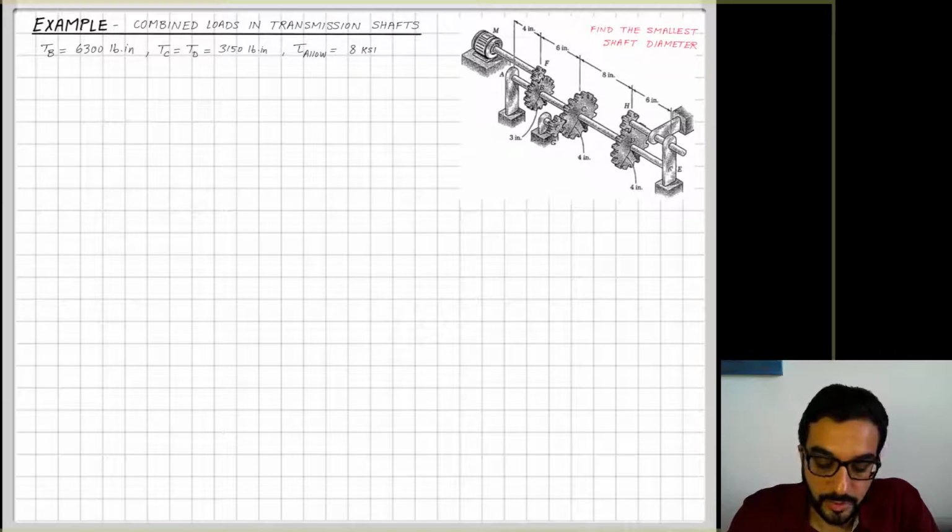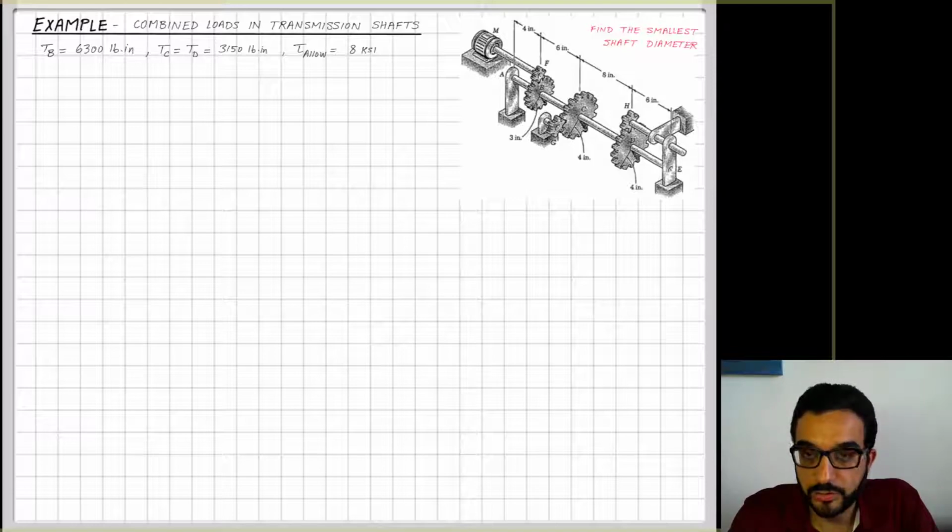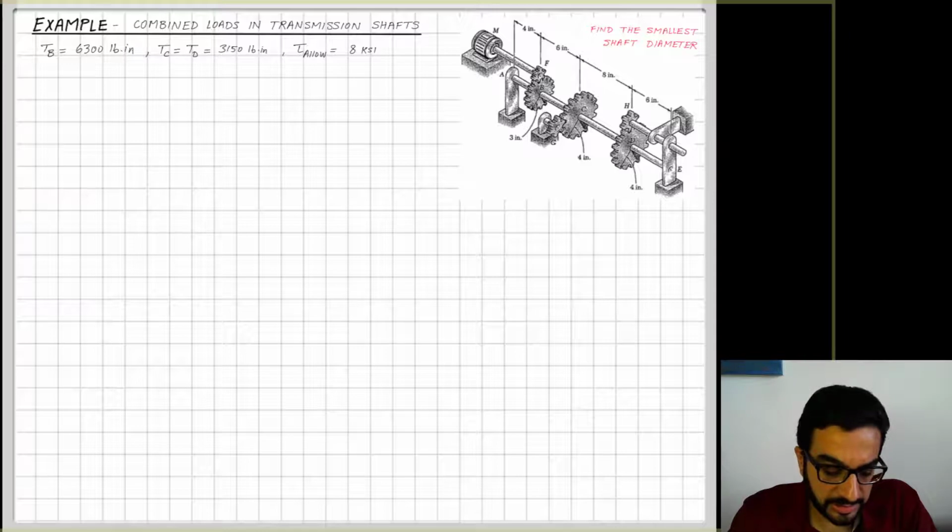So the first thing we will do, when we consider the action of combined loads, is calculate the bending moments in the shaft. To be able to calculate the bending moments, I need to figure out the forces that accompany these torques, TB, TC and TD.